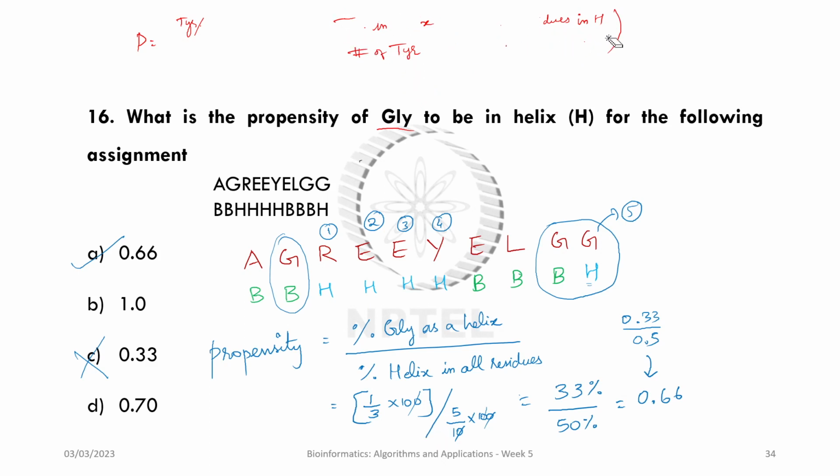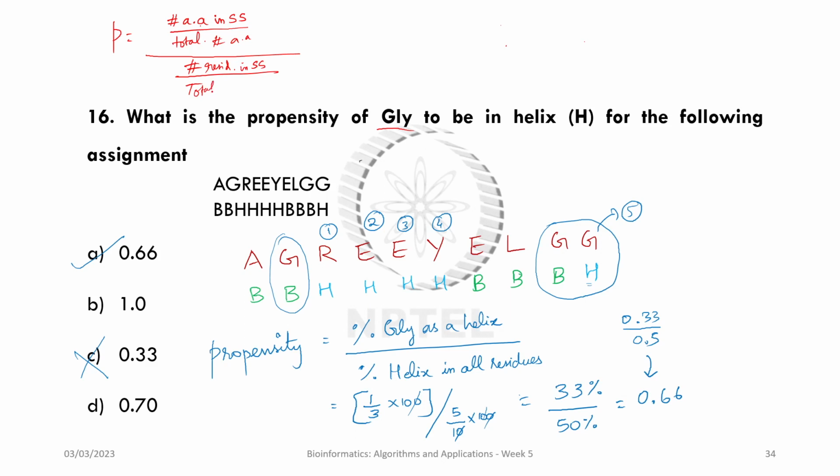So to make this a little more neat, I would go with propensity P is equal to number of amino acid in secondary structure divided by total number of that particular amino acids, whole divided by number of residues in that secondary structure divided by total number of residues.